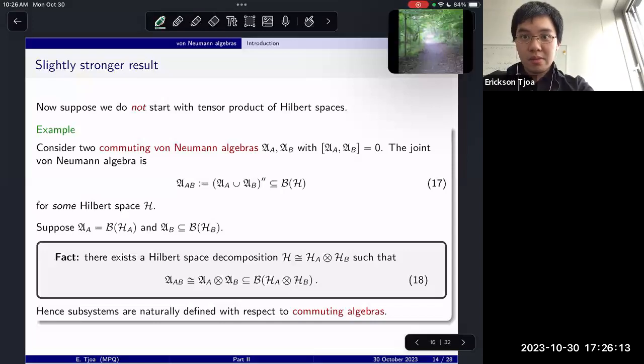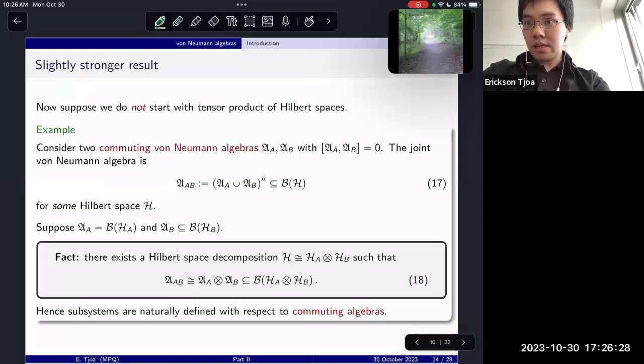And it turns out that in some cases, it is possible to do a tensor product decomposition whenever this arises. So this is actually saying that sometimes, even if you don't know how to do the bipartition, if you know how the algebra looks like, you can actually do the bipartition coming from the operator algebraic perspective.